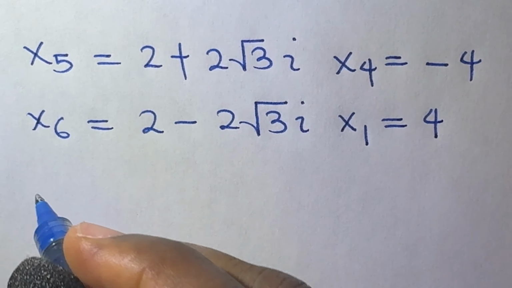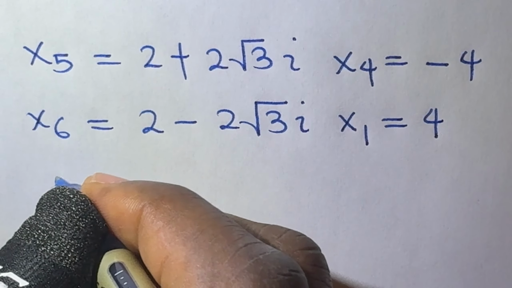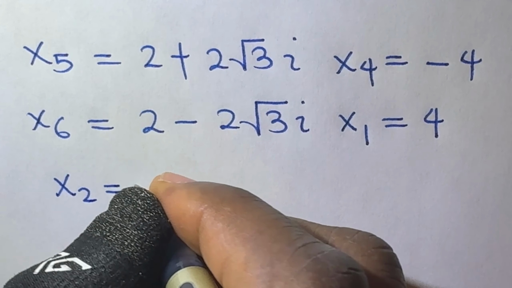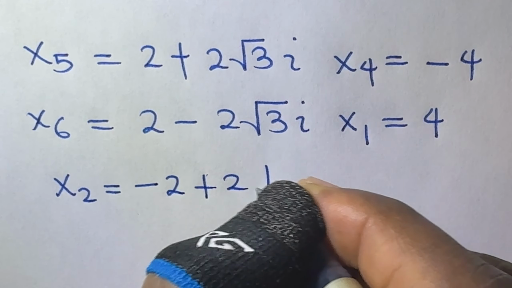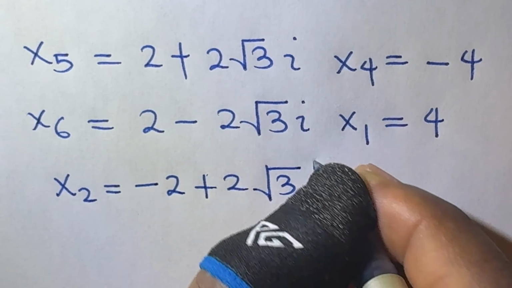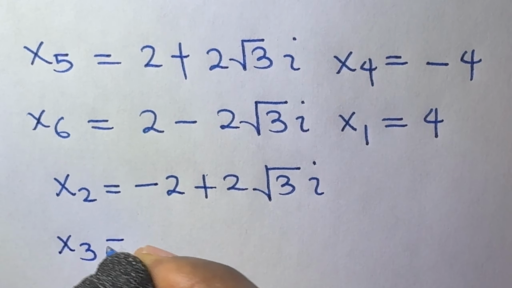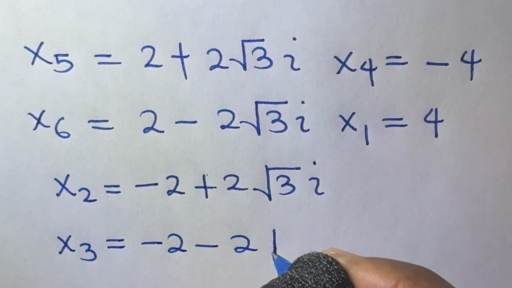And the last 2 solutions, which were x2 and x3, x2 was -2 plus 2 root 3i, and x3 was -2 minus 2 root 3i.